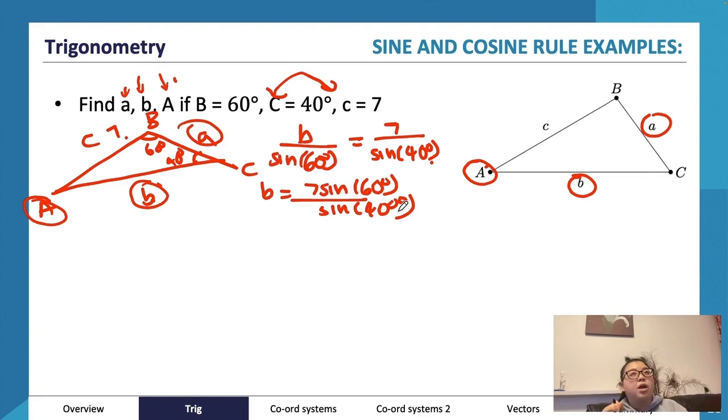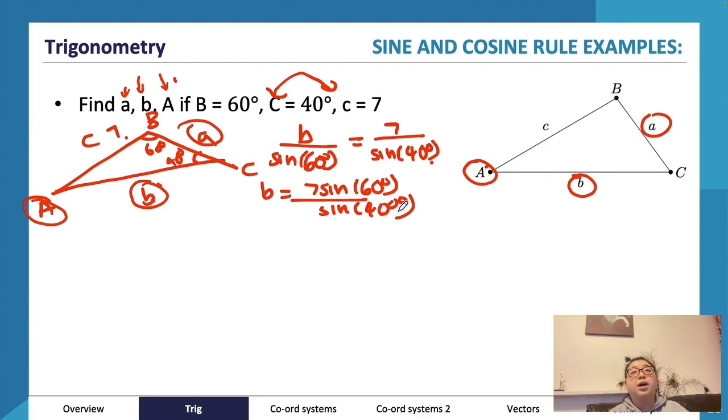If you want to write in degrees in radians mode, all you have to do is put the degree sign there and it will automatically calculate as degrees. So we can go sine 60 degrees times 7 over sine 40 degrees.